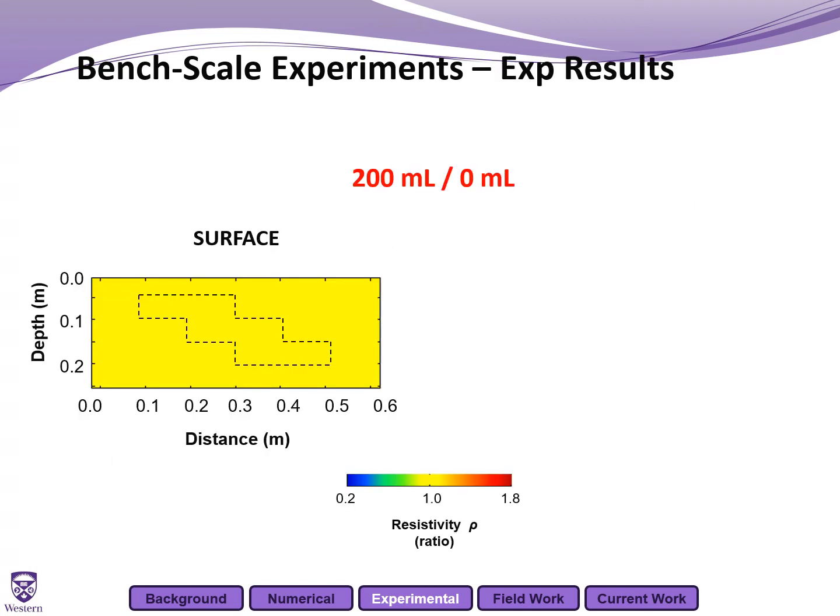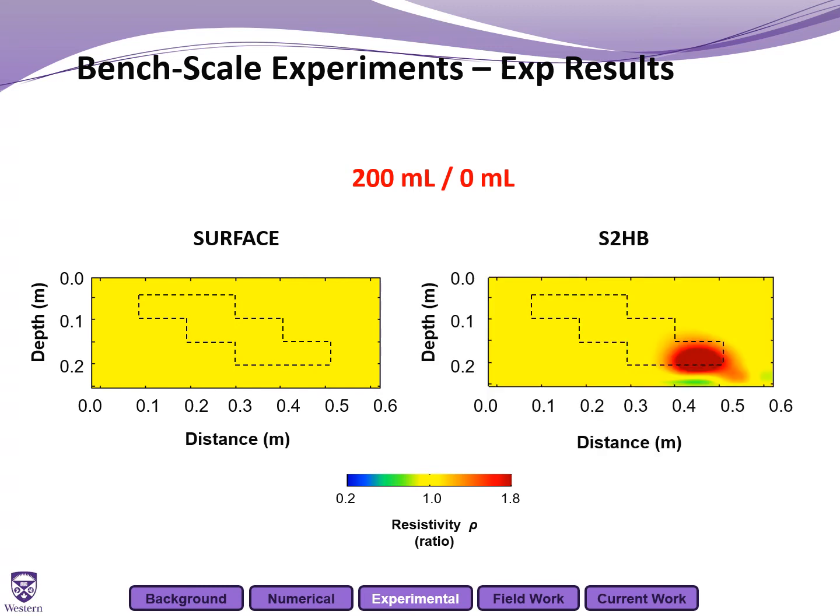So looking at the comparison between how surface ERT would have performed and how surface to horizontal borehole ERT would have performed, you can see here, after 200 milliliters of NAPL injected, the surface ERT, because it's been injected in the bottom, is unable to resolve that, whereas surface to horizontal borehole ERT is well able to resolve that initial injection.